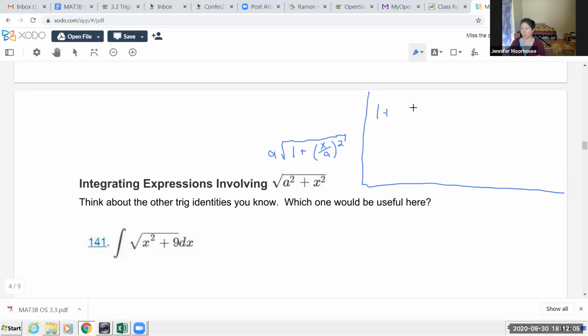So 1 plus tan squared theta equals secant squared theta. That's going to be useful for us in this situation. So we're going to make the x over a be a tangent. And that means then that 1 plus x over a squared would be 1 plus tan squared, which is secant squared.